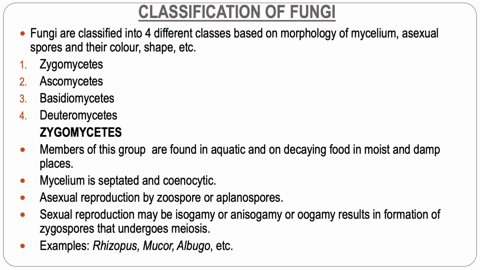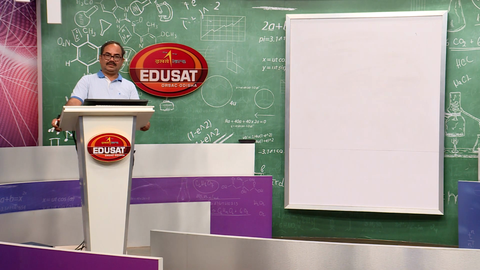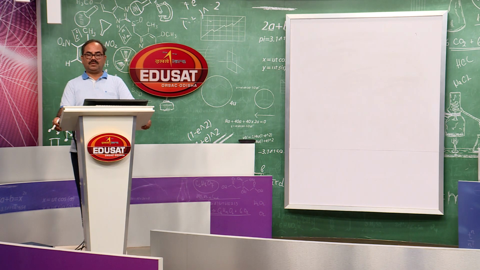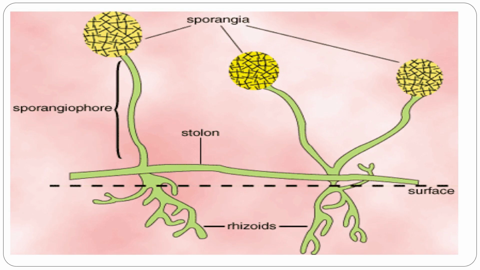Examples are Rhizopus, Mucor, Albugo, etc. We have heard about the black fungus disease that has caused a lot of deaths. This infection has been found after infection with the coronavirus, and this simple zygomycete Mucor is causing that. We can see the very simple structure from the diagram provided in this slide.